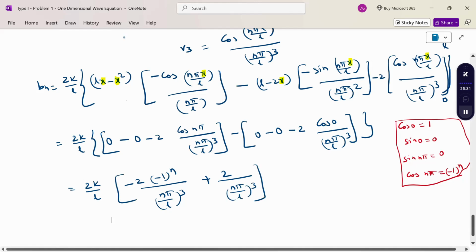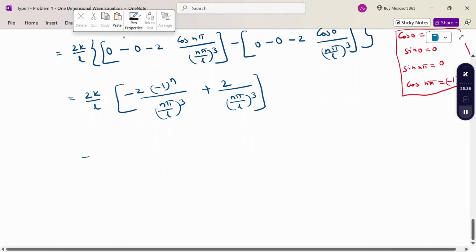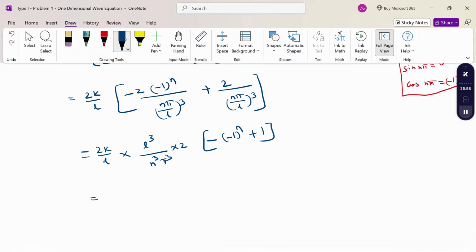Now take any common term here. I'm going to take 2k by L, and the denominator to the numerator: L cube by n cube pi cube, and then take 2 common, therefore 1 minus minus 1 power n. In this case, if any cancellation is possible, then you try to cancel.